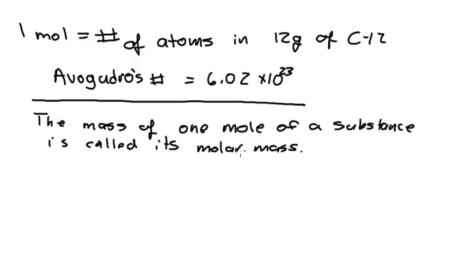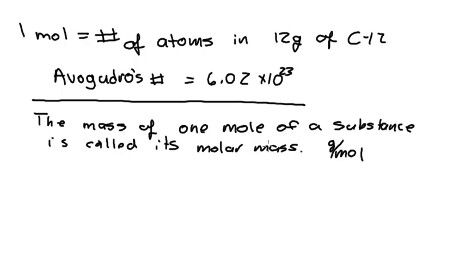Molar mass is a better term. I'm probably going to say it differently every time, but it's the mass of 1 mole of a substance, and it's written in grams per mole. You'll hear me say molecular mass or molecular weight, but molar mass is what you're going to use for all kinds of different calculations.